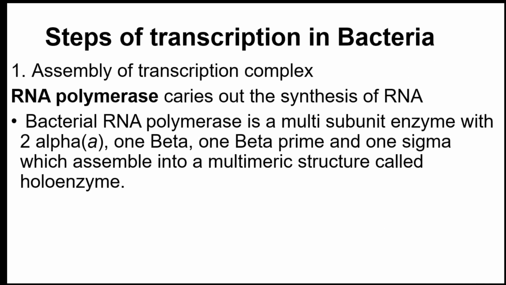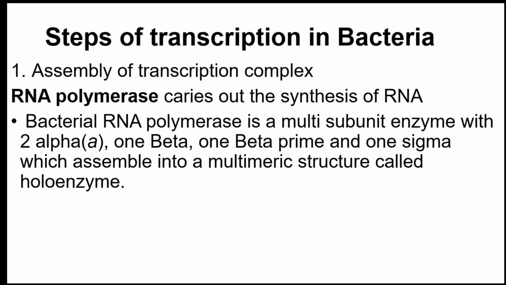The steps in transcription, the very first one is initiation, and under initiation we have the formation of the transcription complex. The enzyme which plays a key role in this is the RNA polymerase. RNA polymerase basically carries out the synthesis of RNA. It's a multi-subunit enzyme, meaning it has many subunits.